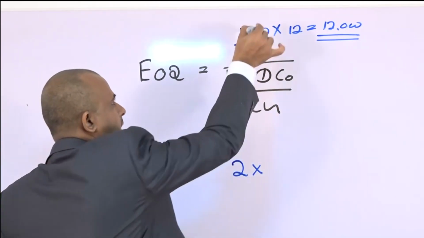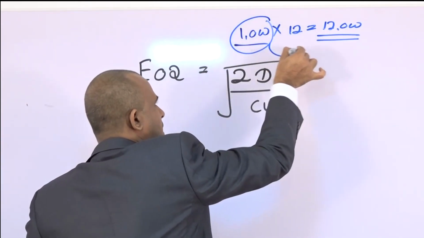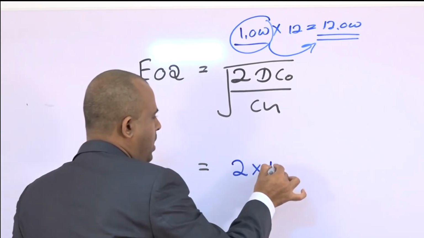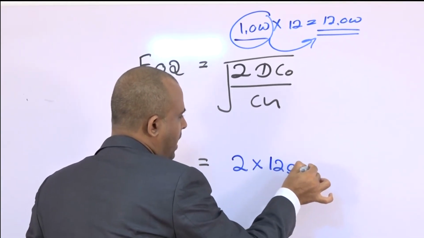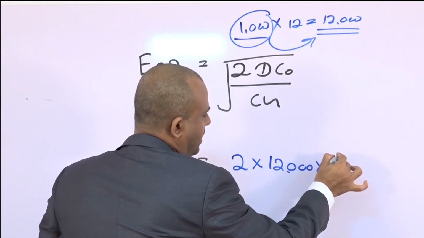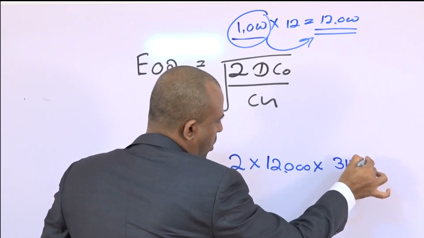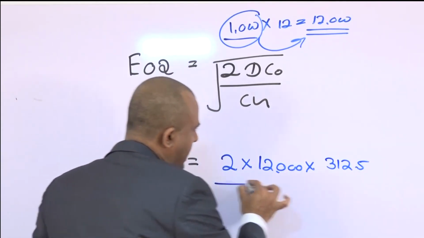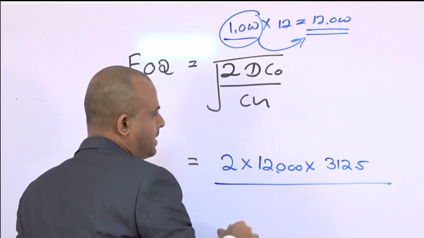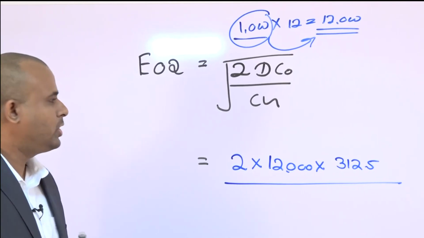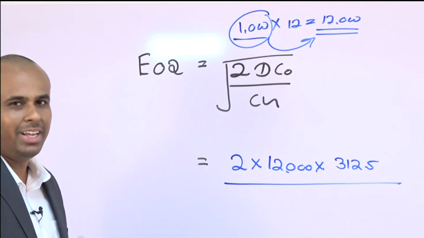Now we can see the question has given the monthly demand, but we converted that into the annual demand, and then only you can substitute it into the formula, which is 12,000 units into CO, which means cost per order, 312.5, divided by what? CH.